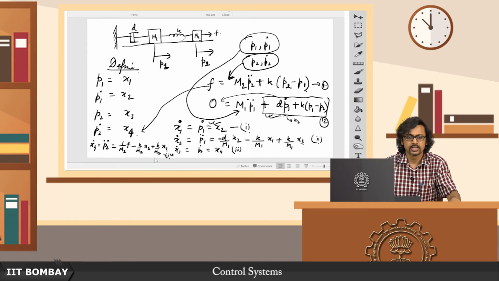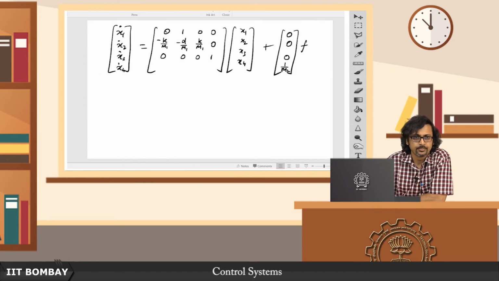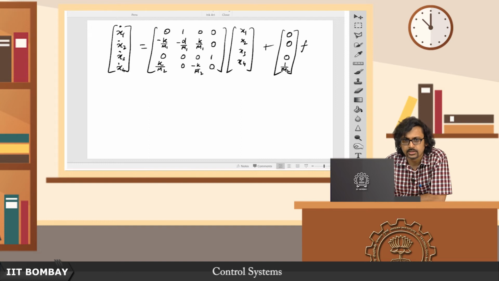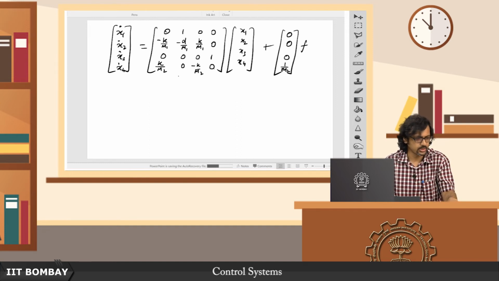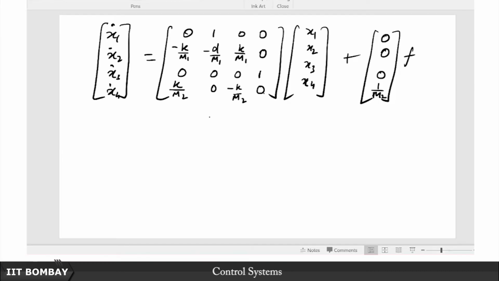So it is k by m2, 0, minus k by m2, and 0. That is what the structure is going to look like. So this is my x dot is equal to Ax plus Bu form.